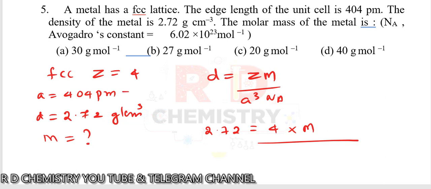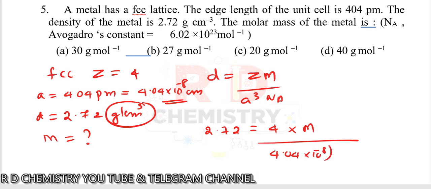I will convert this edge length from picometer into centimeter, because the density answer is in terms of gram per cm cube. So this would be 4.04 into 10 power minus 8 centimeter. You know the conversion which I have done previously. So this is 4.04 into 10 power minus 8 cubed.